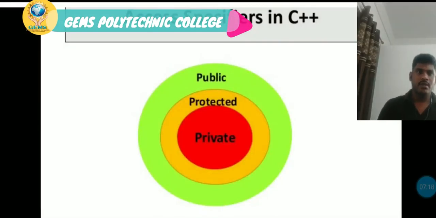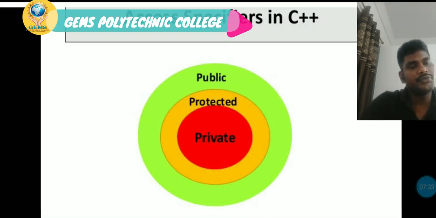Our next topic is access specifiers in C++. We can call access specifiers by another name: visibility modes. Visibility modes and access specifiers are the same. What are access specifiers?